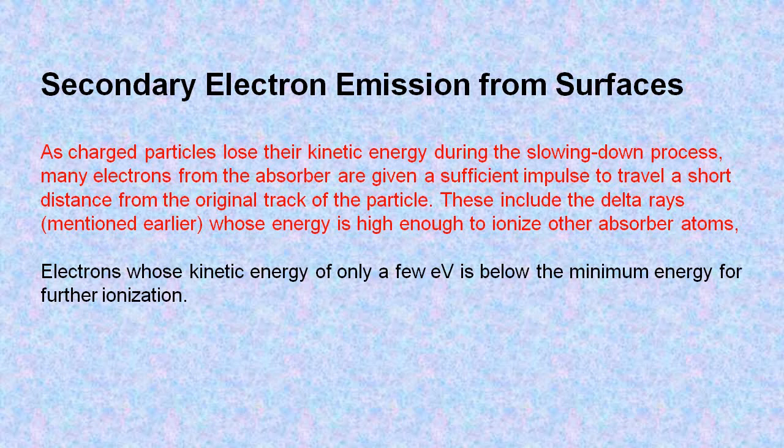Electrons whose kinetic energy is only a few electron volts is below the minimum energy for further ionization. So, when the charged particles are moving, they are actually pulling out electrons. That means they are getting sufficient impulse to travel a short distance from the original track of the particle. So, some electrons are coming out with velocity, and you are calling them delta rays.